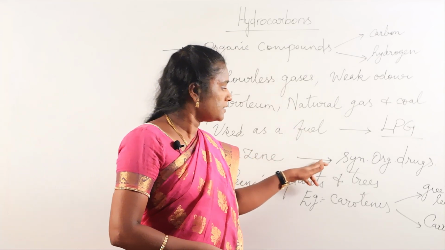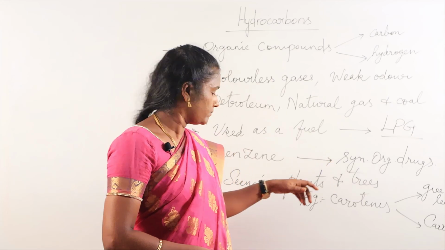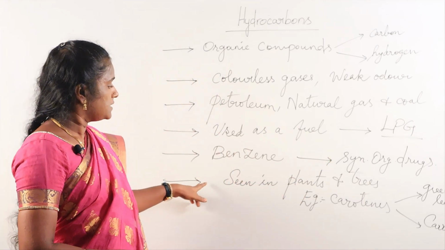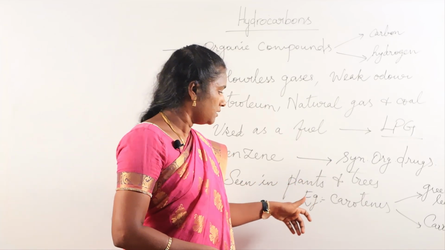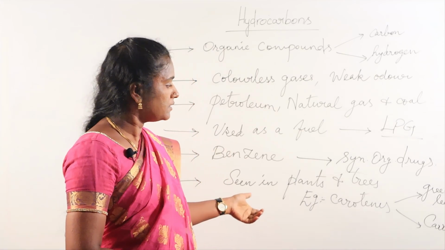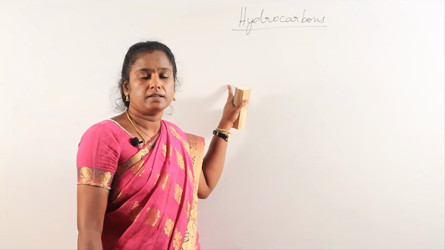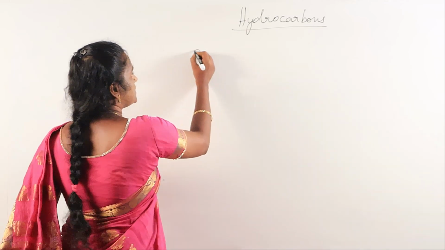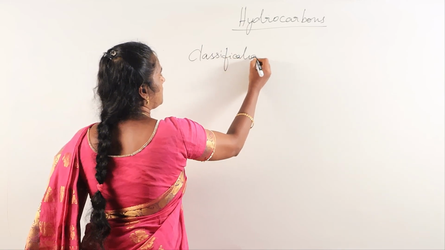These are used in the synthesis of synthetic organic drugs. And hydrocarbons are also seen in plants and trees. For example, carotenes. Carotenes are found in green leaves and carrots. The chapter on hydrocarbons deals with the study of classification and structure of hydrocarbons.